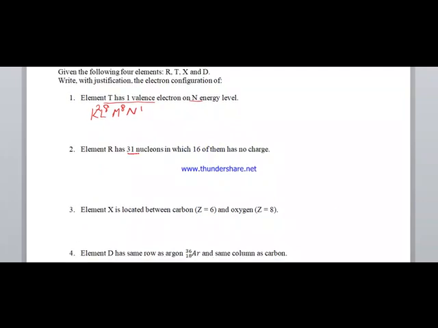Element R has 31 nucleons. Nucleon represents the mass number, and 16 of no charge, and these are neutrons. So the number of neutrons is equal to 16 since neutrons have no charge.